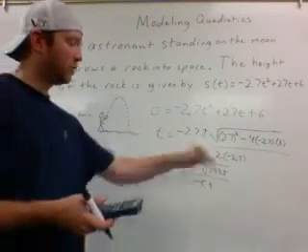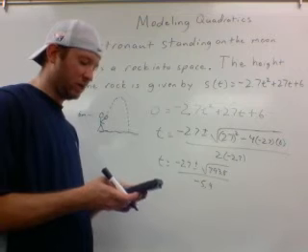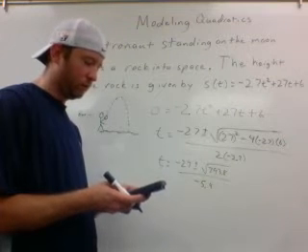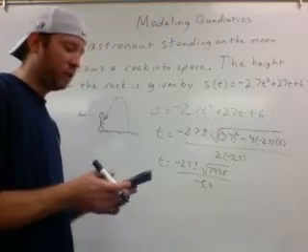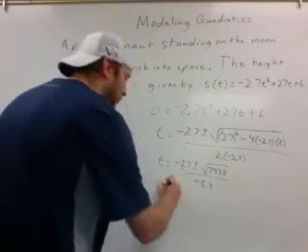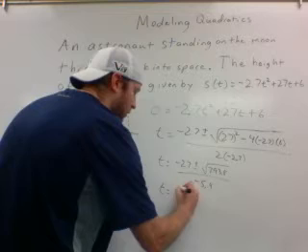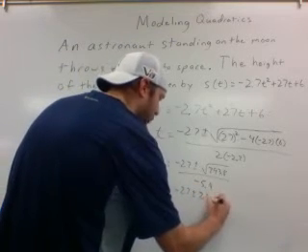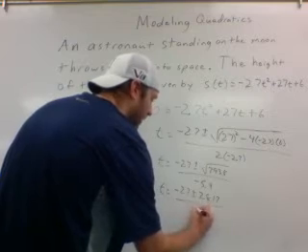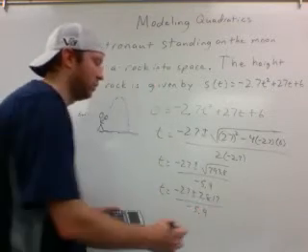So I'm going to get two answers. I could take the square root of that right now, and I could have done that all at once. So the square root of 793.8 is 28.17. So I get t equals negative 27 plus or minus 28.17 over negative 5.4.